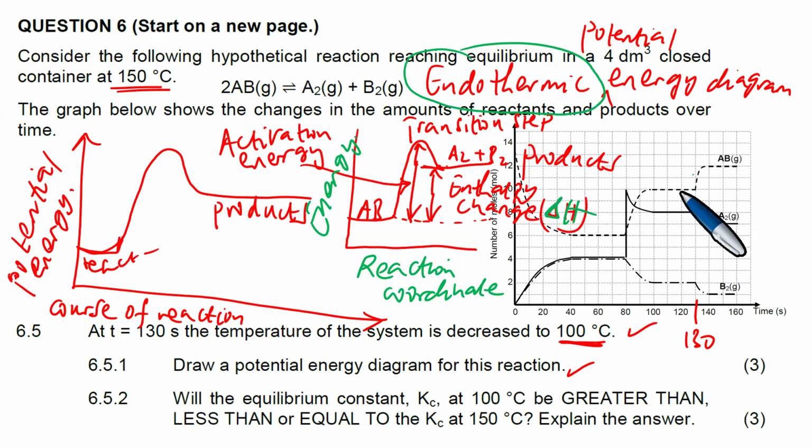And obviously with exothermic, it would be the opposite, where the products will have less potential energy and the reactants will have a greater potential energy.